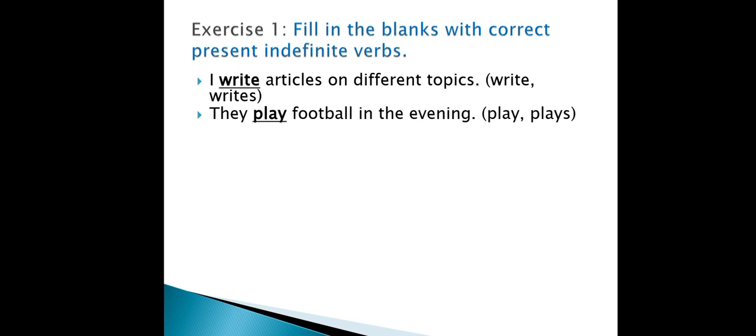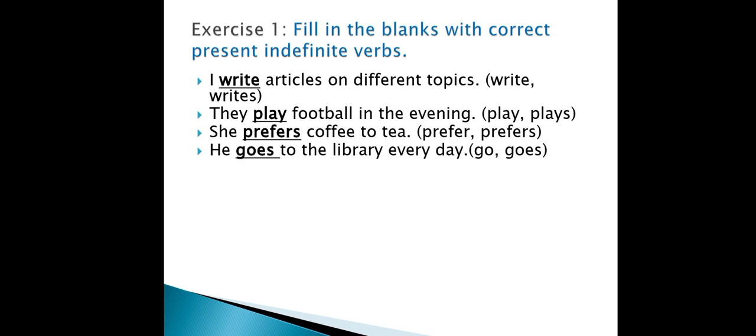They play, plural, so we are not supposed to use s or es. Along with the plural subject, we will use plural verb, and along with the singular subject, we will use singular verb. She prefers coffee to tea. She is a singular noun, so we have to use singular verb.